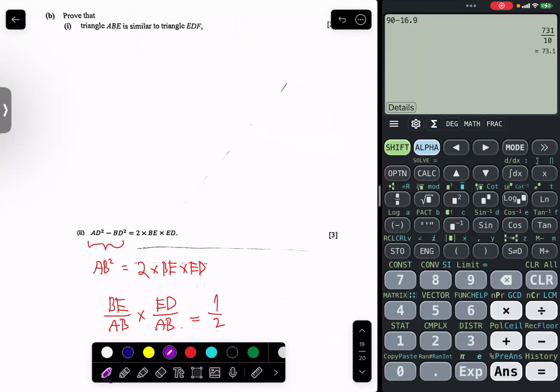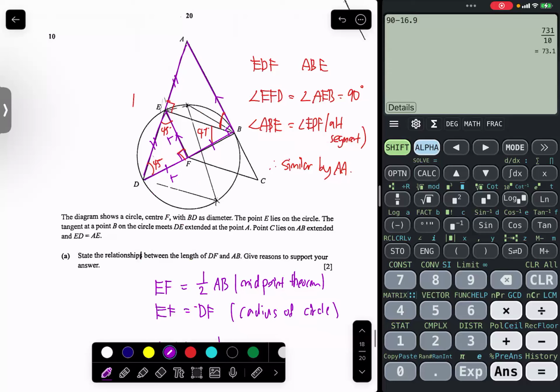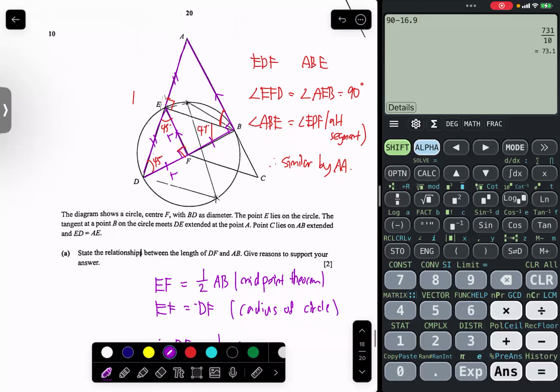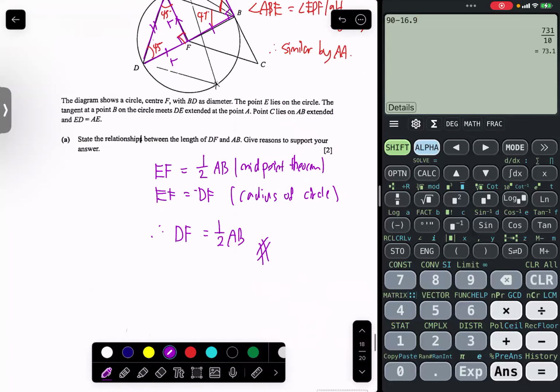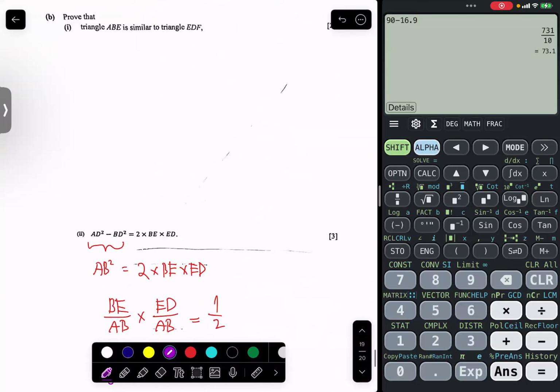Okay, EDF. EDF. Now, let me see again. BE, one of the triangles must be ABE and AED.